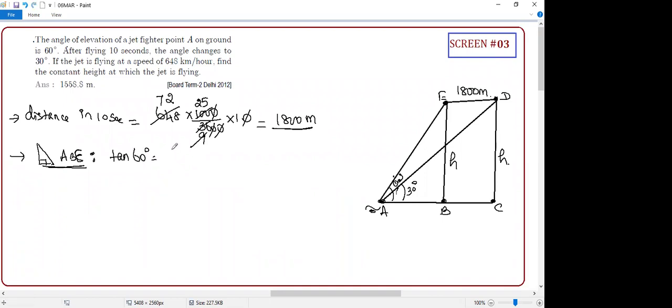Tan 60, opposite is EB, adjacent AB. So tan 60 is √3. EB is H over AB. So H is √3 into AB. Put equation number 1. Now coming to the second triangle.